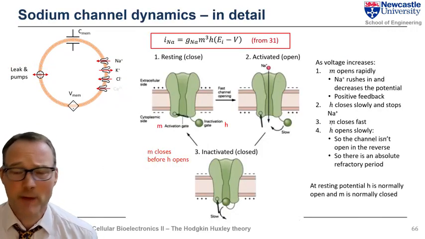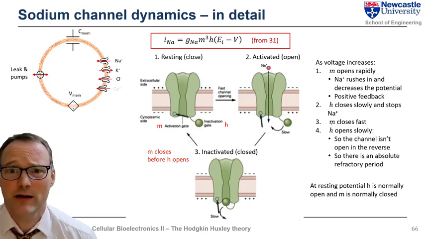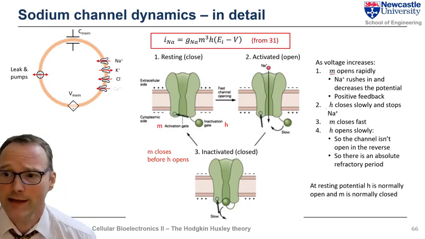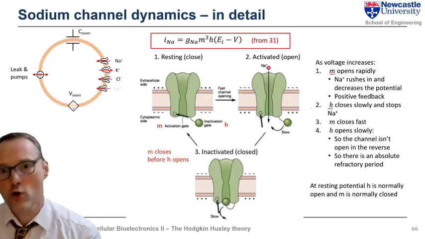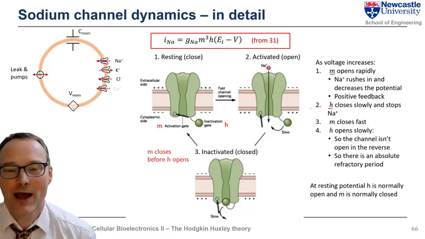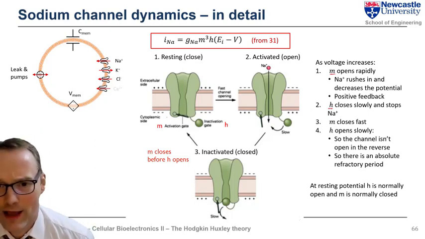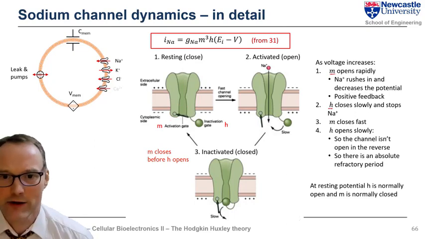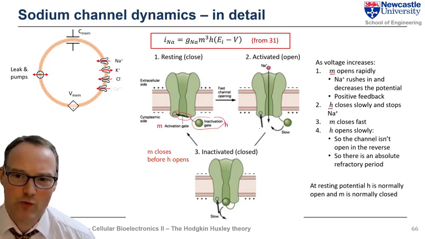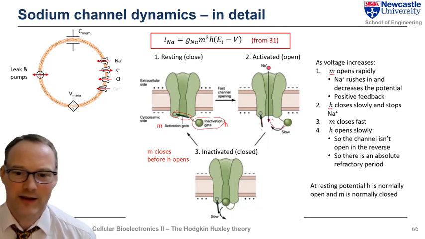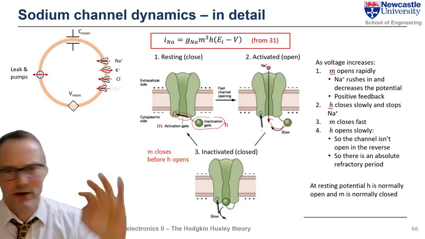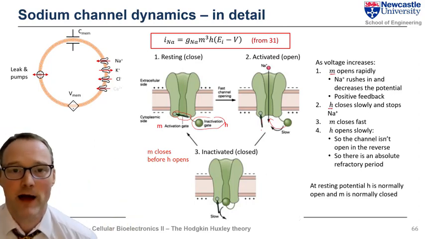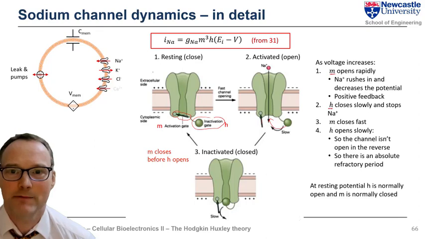And to explain this in more detail, this is the sodium channel, and basically these m and h parameters relate to the opening and the closing of the sodium channel. If you think about it molecularly, you've got an opening gate and an inactivation gate, and one has to open and the other has to close again, and you have to swap between the two, and there'll always be a period where it's a little bit open and a little bit closed, and that defines these m's and h's.